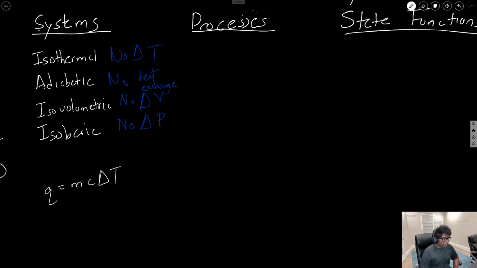If you're ever stuck with a calorimetry question, know that this is specific heat, this is mass, this is the heat that you're looking for, and delta T is change in temperature. So, what's your question about that exactly? Yeah, it's for calorimetry.